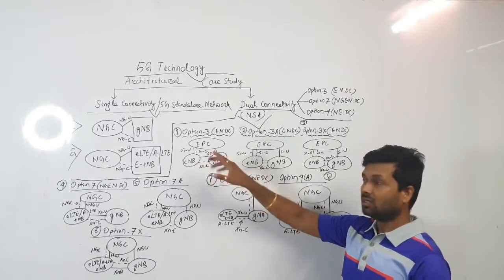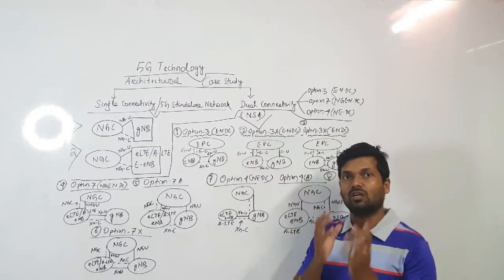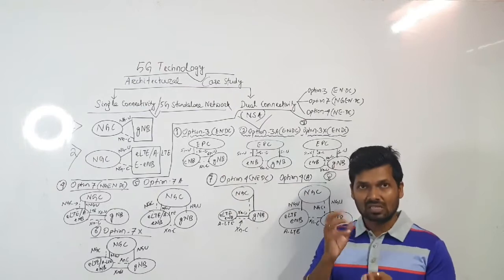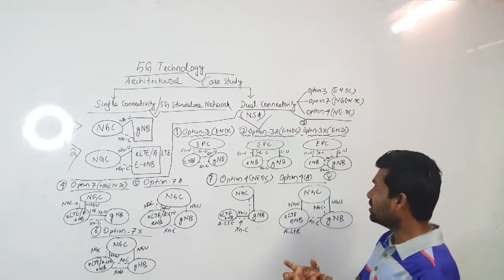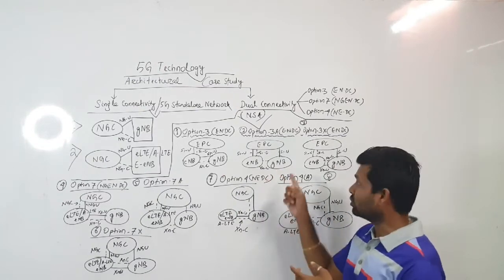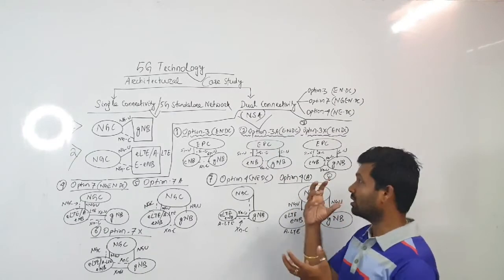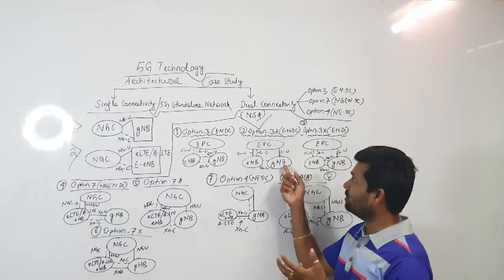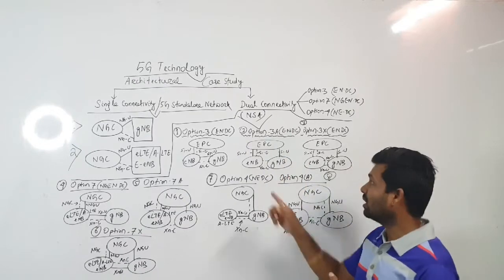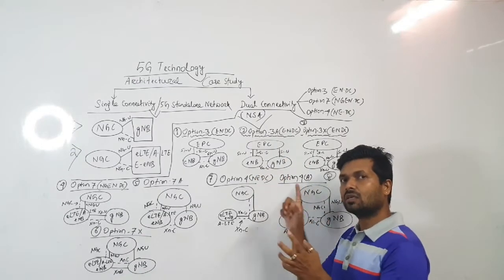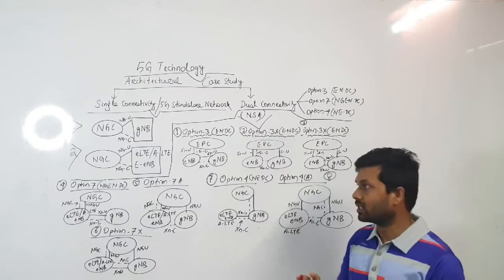So here E node B takes the complete control. G node B is used just as an additional node in radio. In the second case, you can send the user plane traffic in and out from G node B directly to EPC, and E node B only handles the control and signaling, not the user traffic.